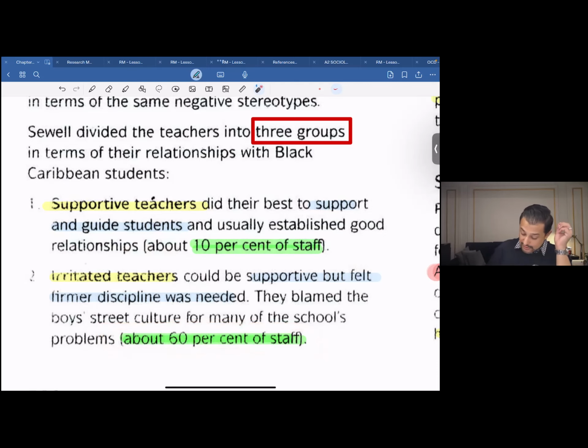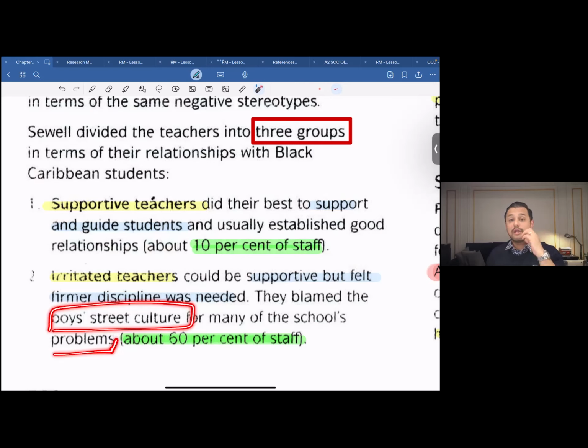So these irritated teachers that made up around 60% of the staff, according to Tony Seville, were supportive, but felt that firmer discipline was needed. So again, even the majority of the teachers, according to Tony Seville, blamed the Black boys' street culture for many of the school problems, and they felt like discipline should be given a priority.